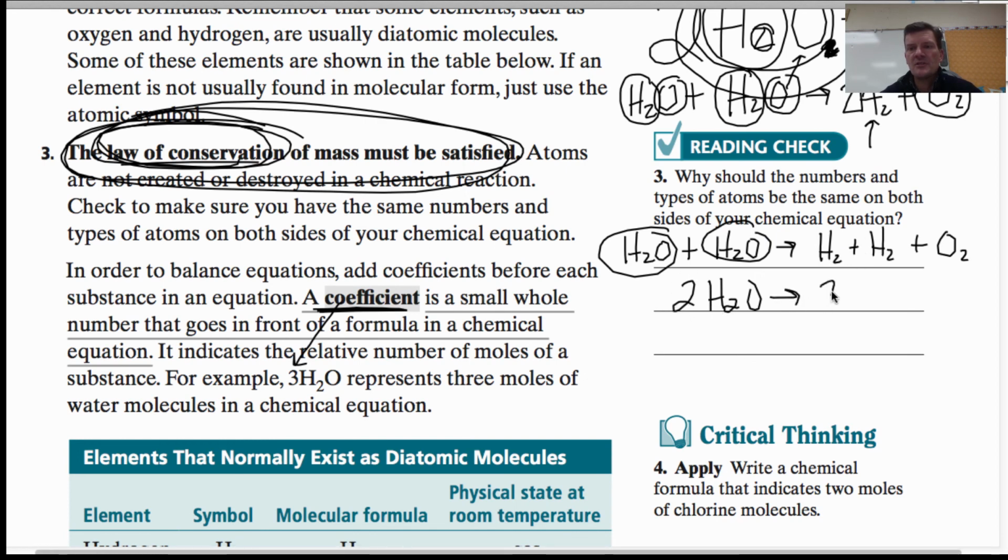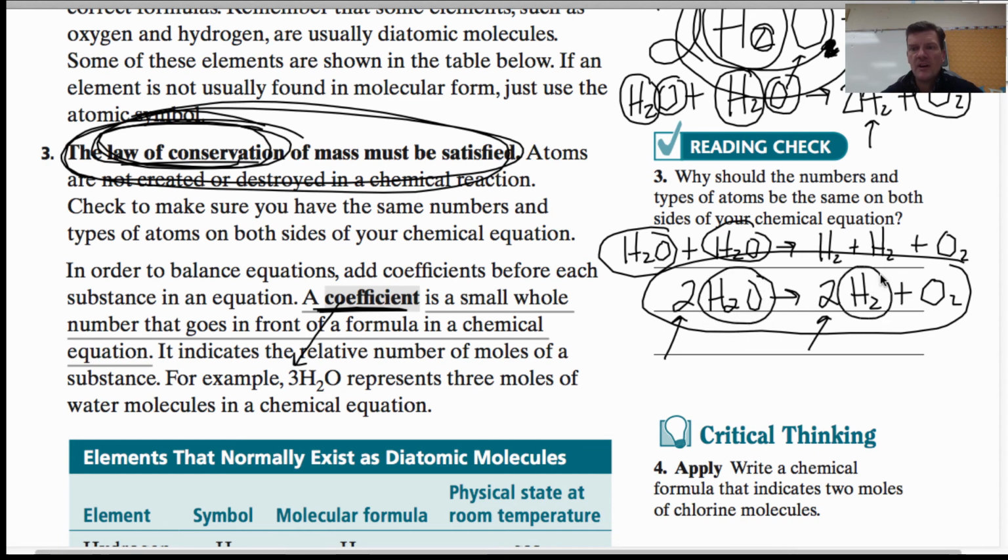There are 2 hydrogens, so I put a 2 in front of that. And there's 1 oxygen, and that is your balanced equation right there. I'm using coefficients, not changing the formula. Never change the formula once you have it set. Once you have the correct formula for water, hydrogen and oxygen, you can't change those anymore. You can only write coefficients, changing the number of each of them in order to balance.